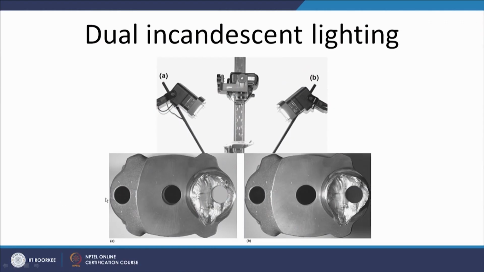So, here what we can see is the kind of system which is used for photographing the samples using lighting systems at different angles. This is the same component, and how does it look when the light is directed from different directions.